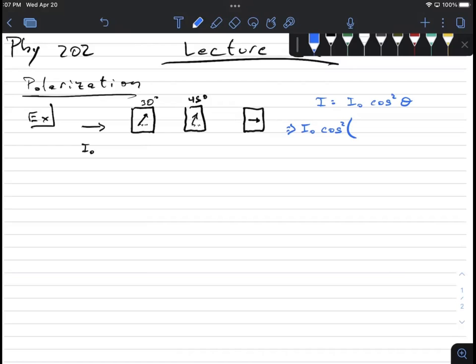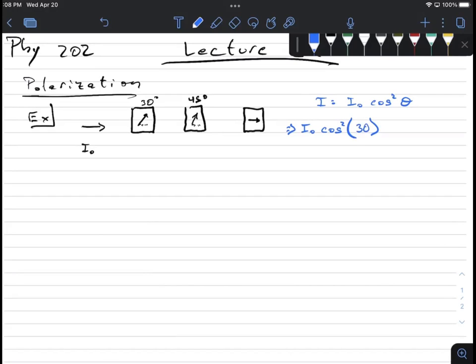So in this case, light starts horizontally, which means it's 0 degrees. And it's trying to get through a polarizer that's at 30 degrees. So 0 to 30, that's a 30-degree difference. So this angle is 30 degrees. And now the light has made it through. It's past the first polarizer.